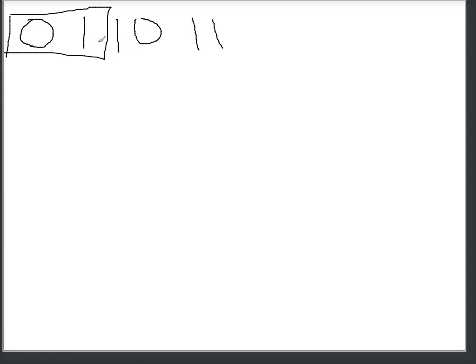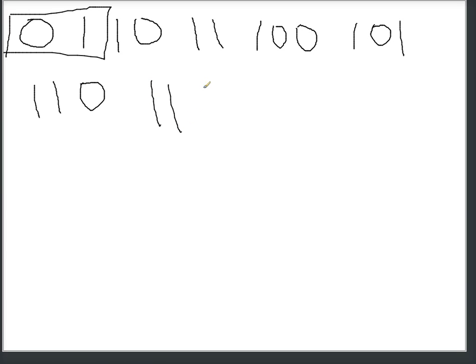After that, symbols are again run out, so I will put 1 again, 0, 0, then 1, 0, 1, then 1, 1, 0, and 1, 1, 1. Then I ran out of symbols again, so 1, then I put 3 zeros. Just like in our decimal system, numbers are repeated cyclically.